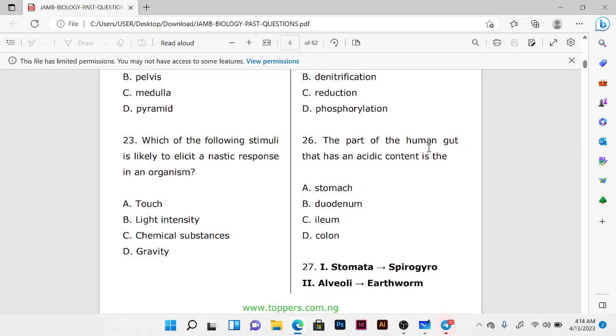The part of the human gut, this particular thing that you are seeing here, human gut, is talking about the intestine of humans. So if we are having this particular question, it is directly talking about the digestive system in animals. So that is what we'll be talking about today.